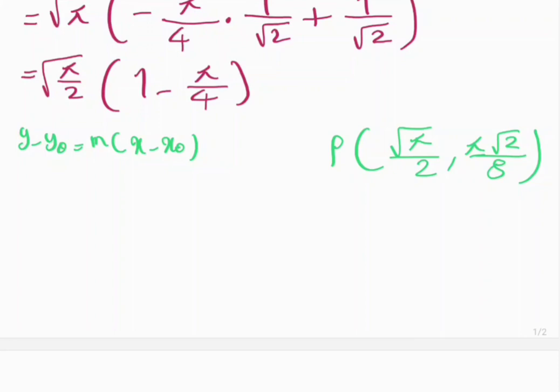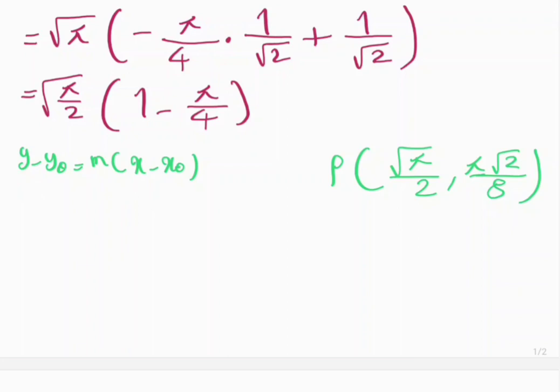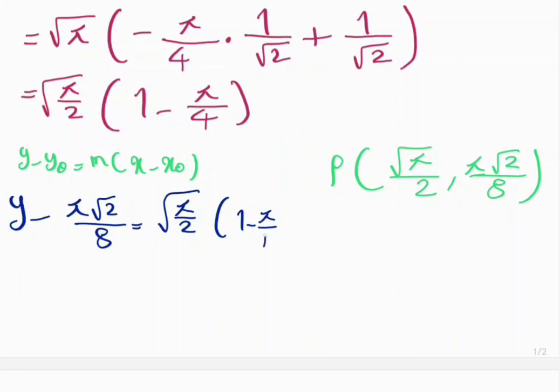We also need the equation here as well, so we should use the general form to get it. y minus y0, which is pi root 2 over 8, is equal to m, the gradient, which is root pi over 2 times 1 minus pi over 4, and then this times x minus x0, the x coordinate of the point, which is root pi over 2.